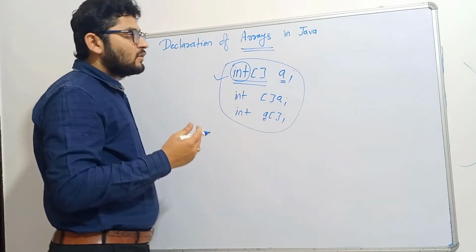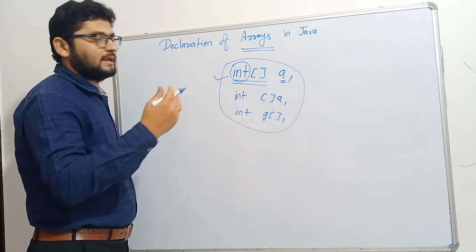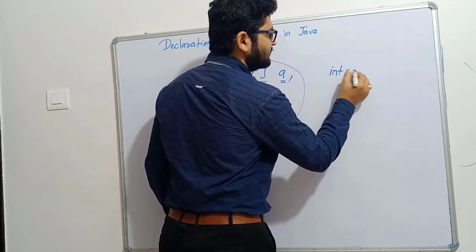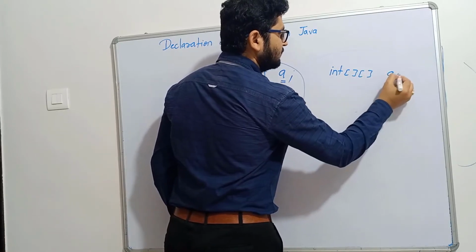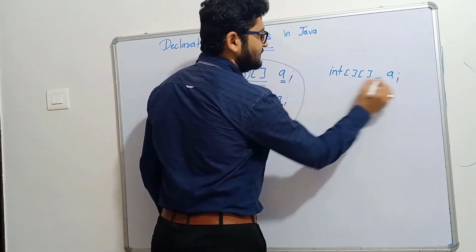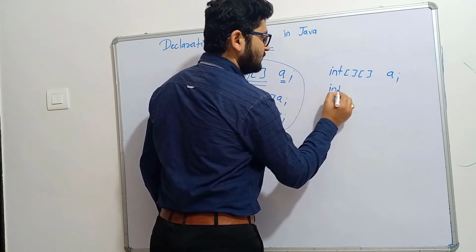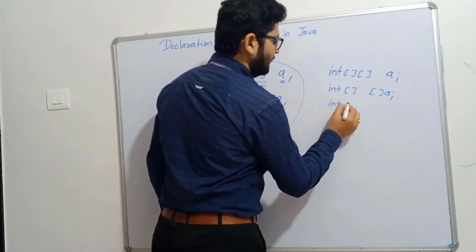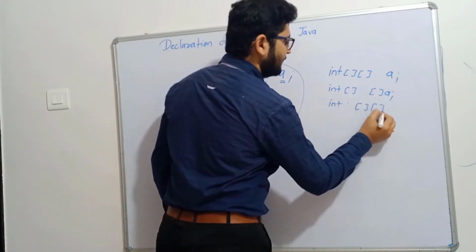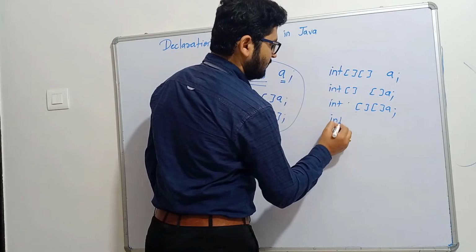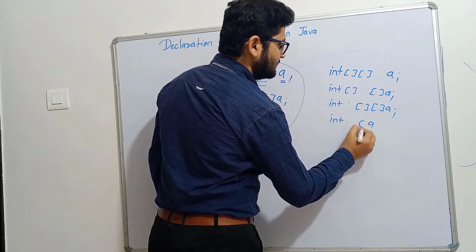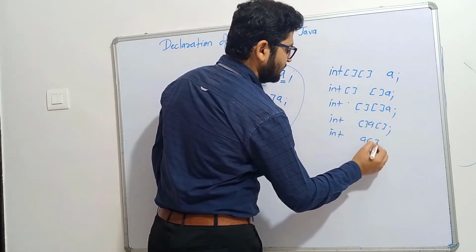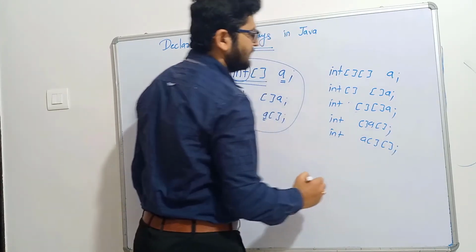Now let us see how we can declare a two-dimensional array in Java. Again there are various ways in which you can declare a two-dimensional array. This is your first way. Another way can be this one, or like this, or like this, or in this way also you can declare a two-dimensional array.